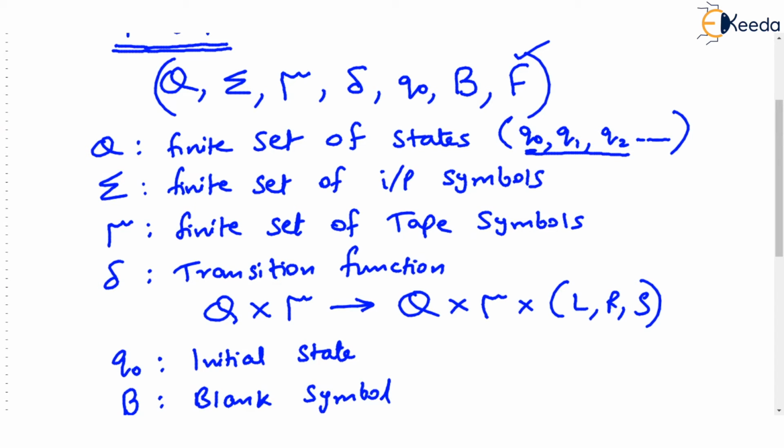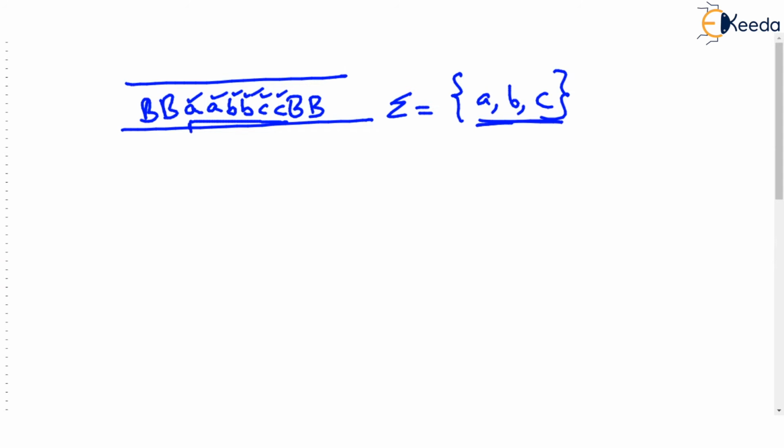Now the next symbol is defining the finite set of tape symbols. You watch. I also told you in the earlier video that a Turing machine has a read-write head and you have the ability to overwrite some character with some new symbol, correct? So there are some existing symbols on the tape and you can write some new symbols on the tape. You can overwrite them. Then X is called a tape symbol.